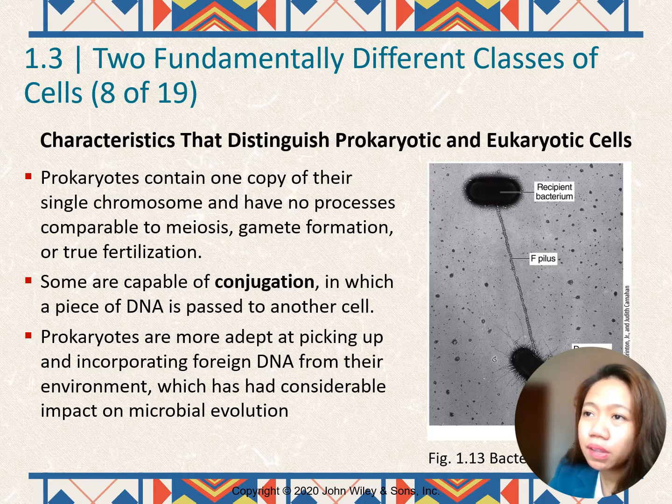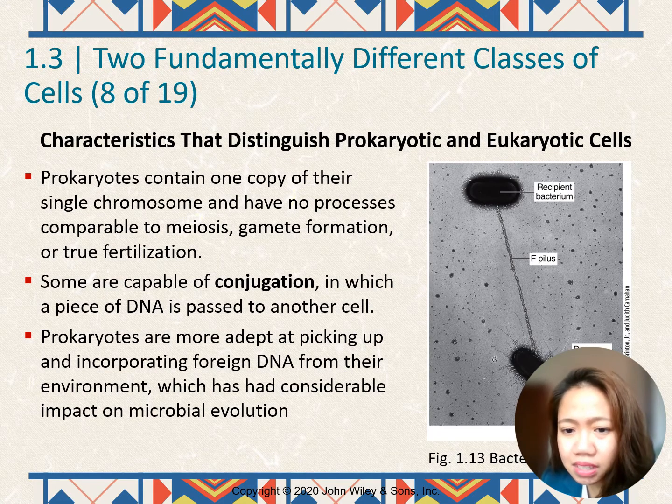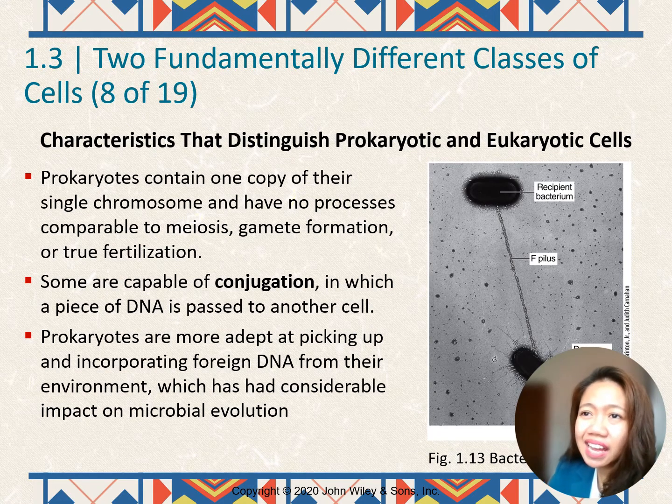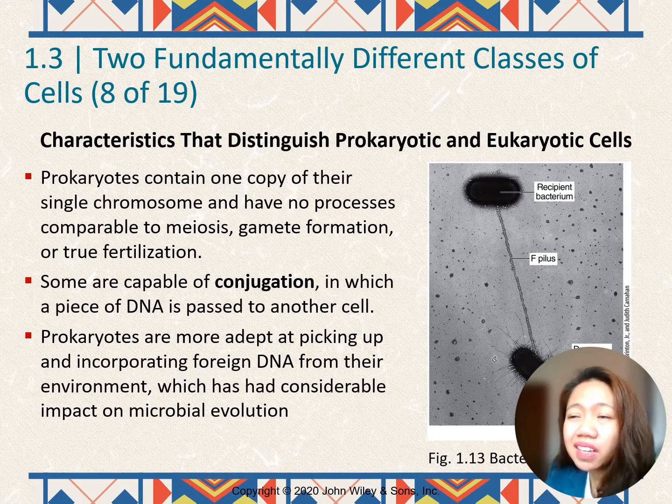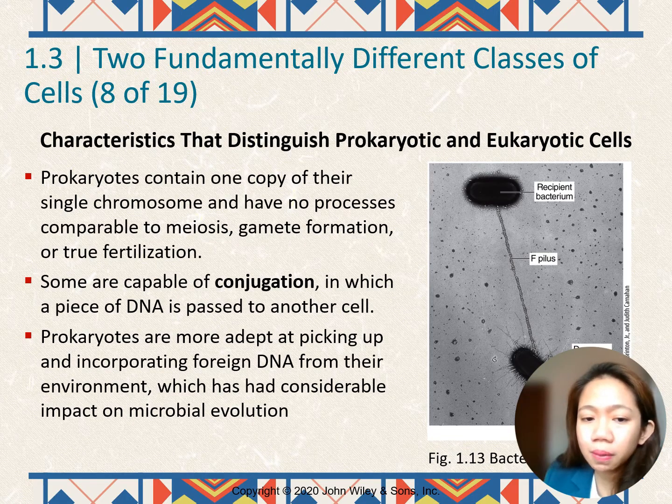So, for example, two different types of bacteria can share DNA even if they're not the same species. It's like making a dog share their DNA with a cat and it will be successful. It's that different in terms of prokaryotes versus eukaryotes.